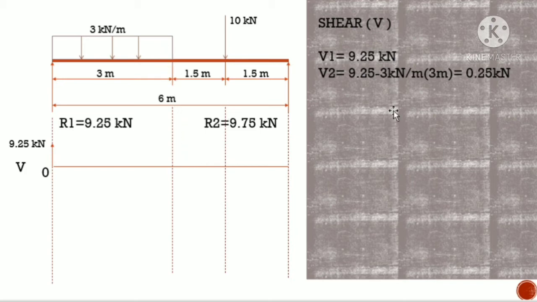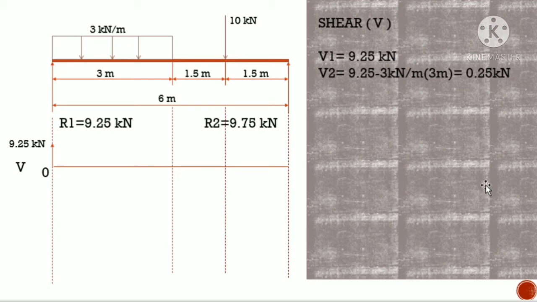So negative kasi going down. Negative 3 kilonewton per meter times 3, kasi you're going to eliminate meters para maging kilonewton lang siya. So 9.25 minus 3 kilonewton times 3. So ang answer po, our result is 0.25 kilonewton.